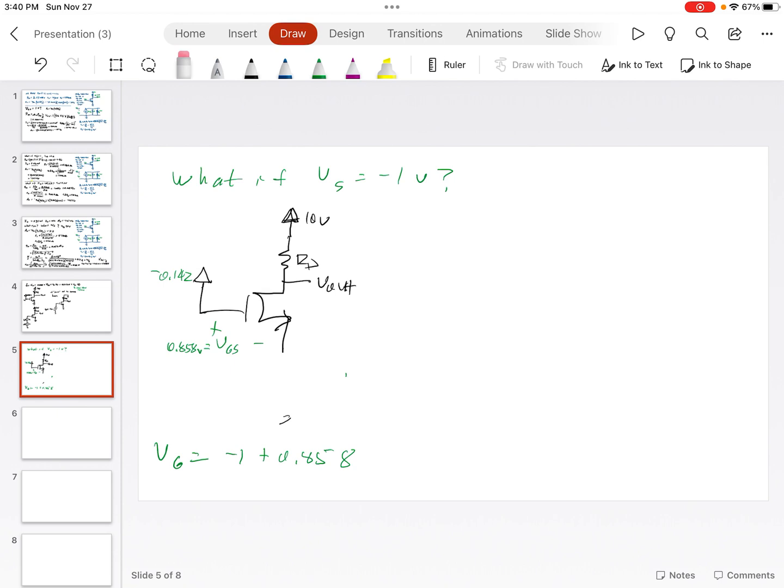I could have written it this way. In fact, that would really be the way I would usually write that. And just remember that we've got a gate and a drain and a source, and VGS is across here. That's what you've got to be able to see to find it.